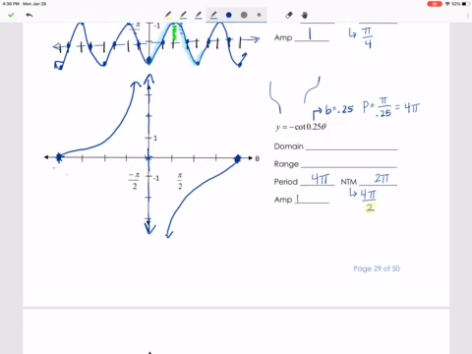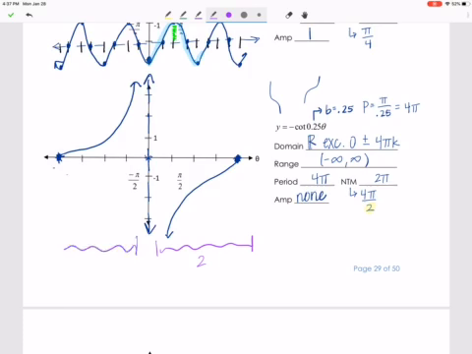All right, so amplitude, we obviously do not have one. My range is still going to be negative infinity to infinity. Domain-wise, all real numbers except our very first asymptote is at 0, plus minus, and then it will end up being a whole 4 pi k before we see another asymptote, because notice that in this stretch of 2 pi, we can only see half of the cotangent wave.